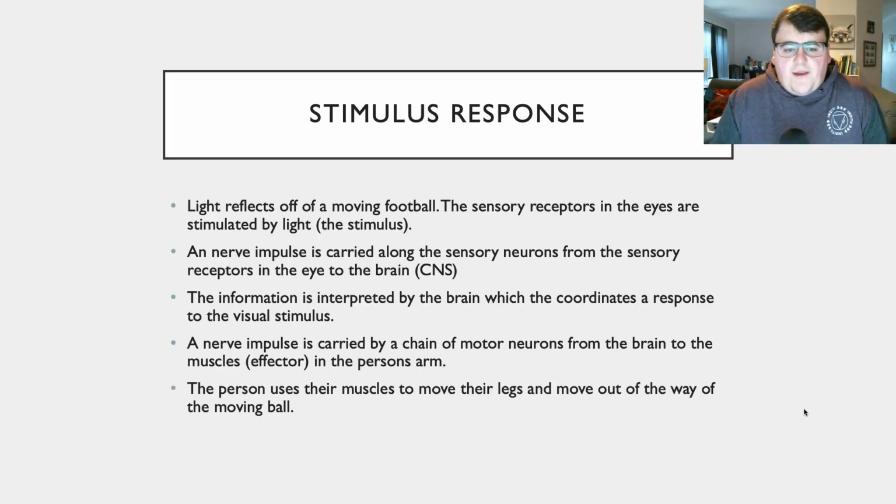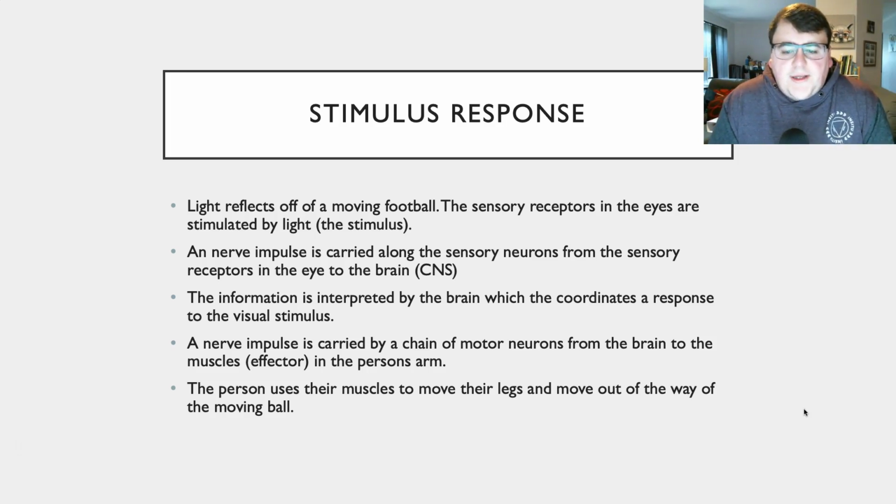So an example of that is, for example, you're out on the main oval, and you see the light reflecting off of a moving football coming right towards you. You're not going to be able to catch it. The sensory receptors, the photoreceptors in your eyes, are stimulated by that light, and they carry a nerve impulse along your sensory neurons to the central nervous system.